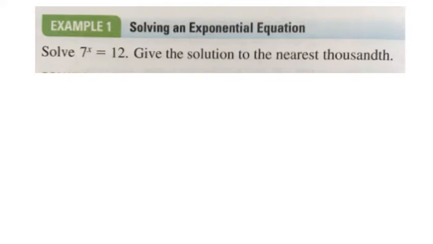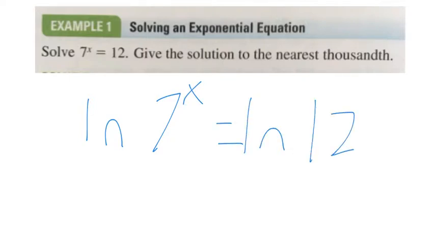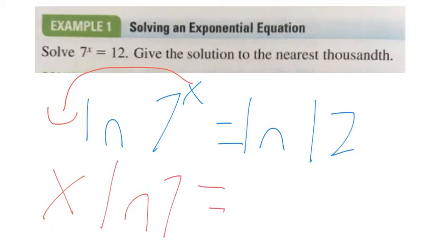Now, if you're using a TI-83 or 84, the only two logarithms you can use are the common log and the natural log. So, you could do ln of both sides. ln of 7^x equals ln of 12. One of the properties of logarithms says that you can move the x out to the front, since that's the exponent, so it's x times natural log of 7 equals natural log of 12.